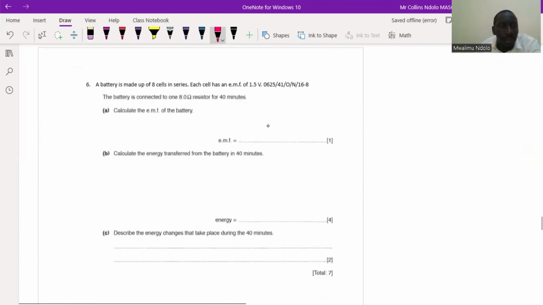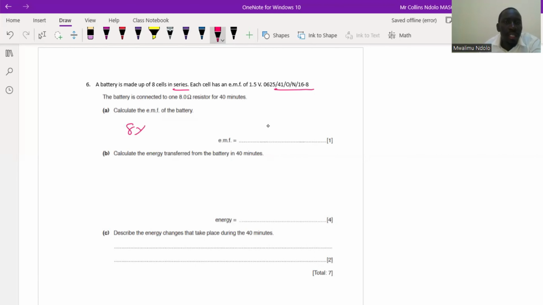All right. The next question, that is 4-1 October, November 2016, number 8. A battery is made up of 8 cells in series. Each cell has an EMF of 1.5. Calculate the EMF. So if they are connected in series, that means what we're doing is just adding the EMF to give us the total EMF of the battery, because cells make a battery.